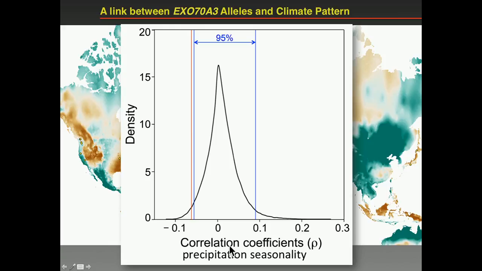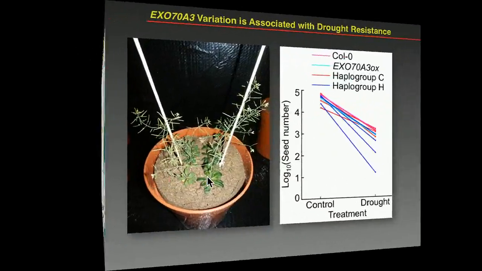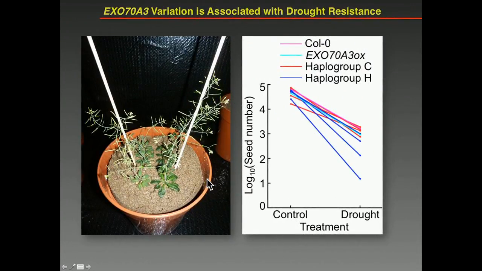So we did one experiment, which is of course not like a gold standard ecological experiment, but basically tested whether those two haplogroups, so different strains with different alleles of the exocyst, would perform differently under drought conditions. And so we can see here the blue ones, which actually are accessions that contain one allele of the exocyst, and the red ones that contain the other version of the exocyst, perform equally well and not statistically different under well-watered condition.